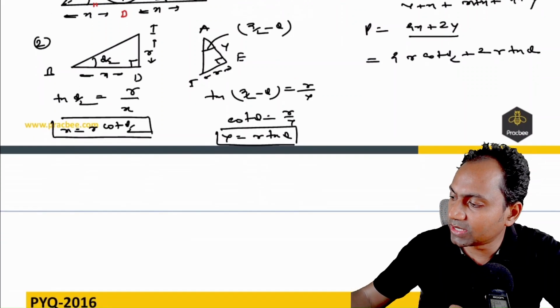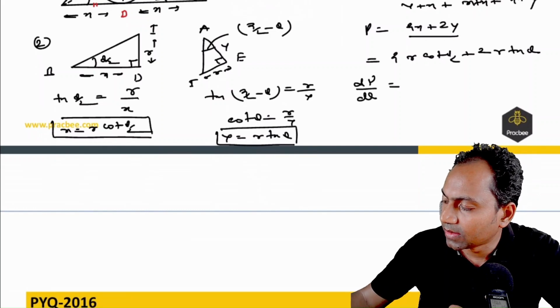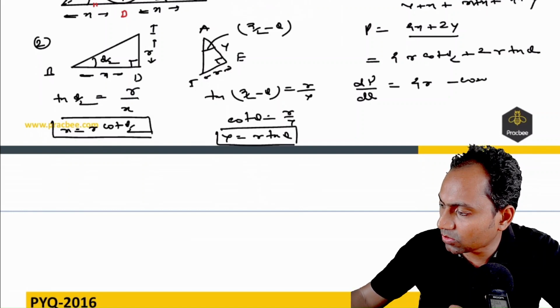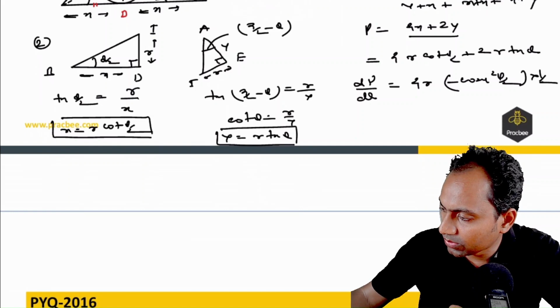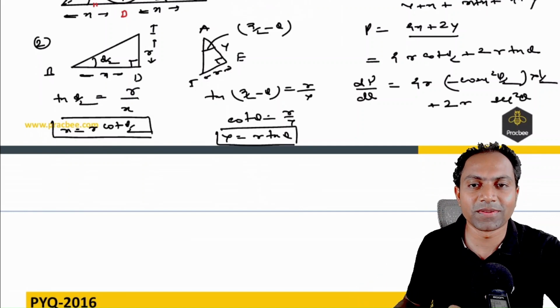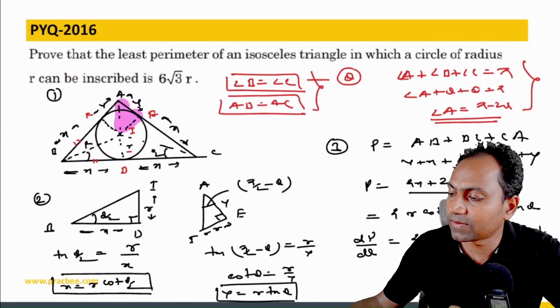So if I differentiate this with respect to theta, let us see what I get. If I do that, this becomes 4r minus cosec square theta by 2 into 1 by 2. And the next part becomes nothing but 2r sec square theta. These are the values that we are getting. Now, if I want to find the least value, the question says find the least parameter.